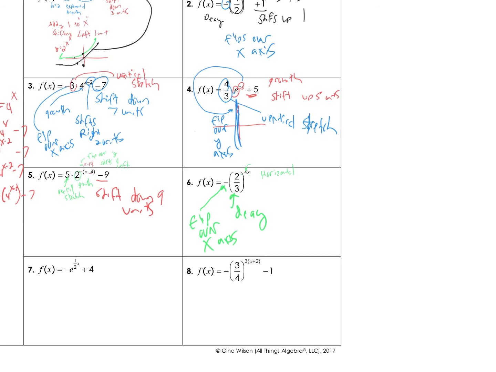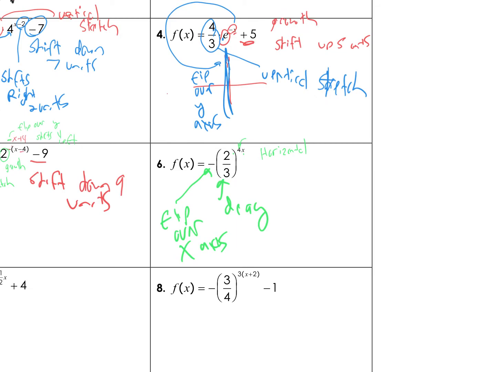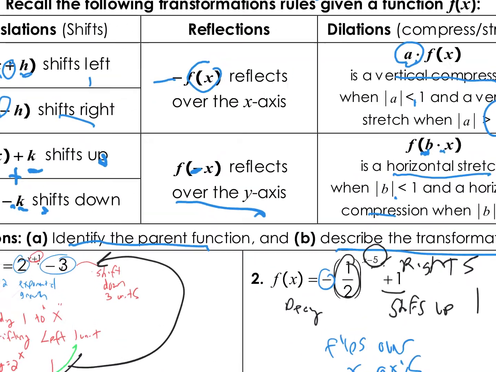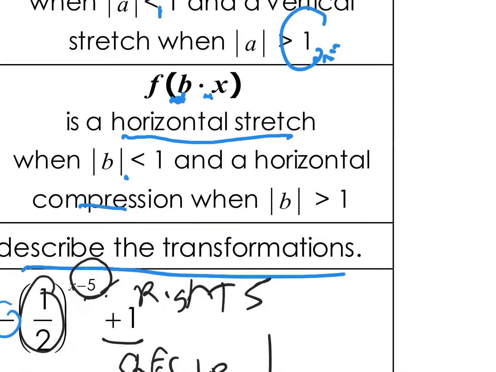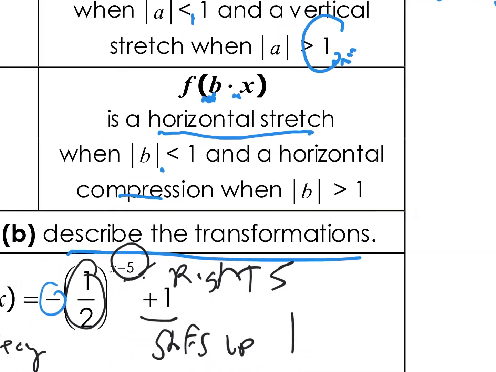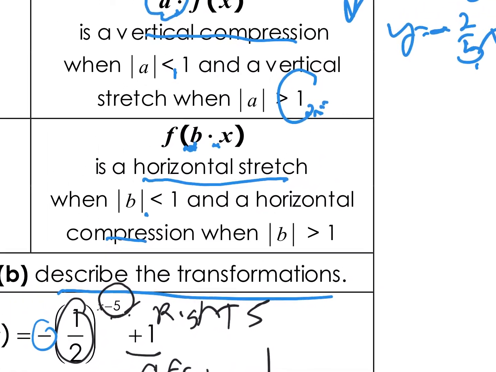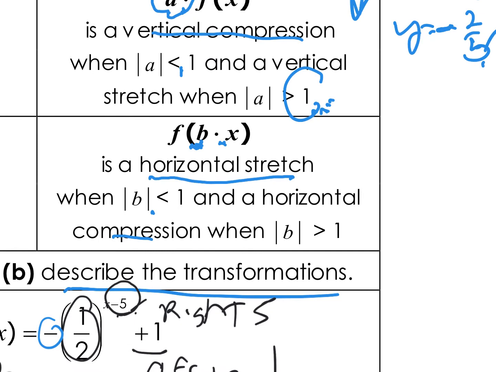Let's take a cheat sheet up here. Right here. A number in front of the x, if it was greater than 1, is a horizontal compression.